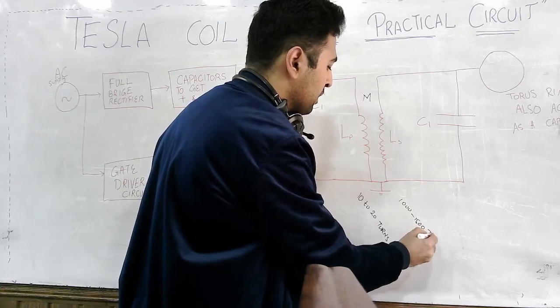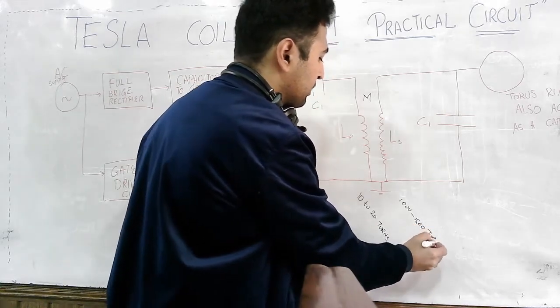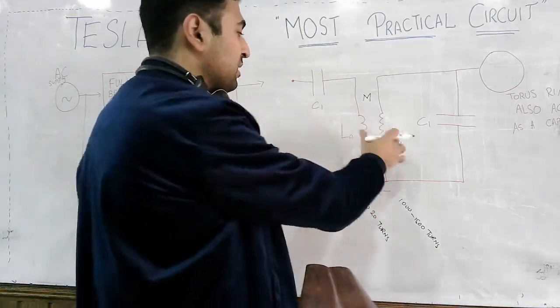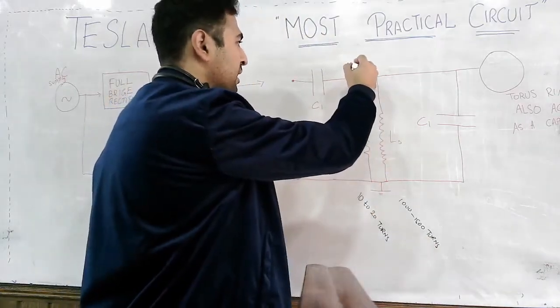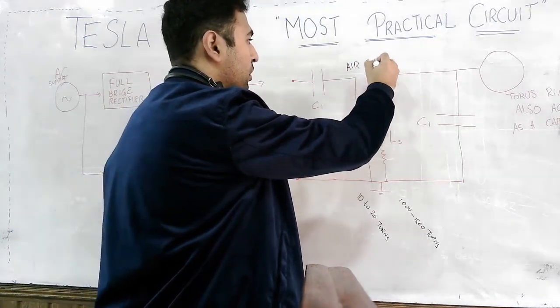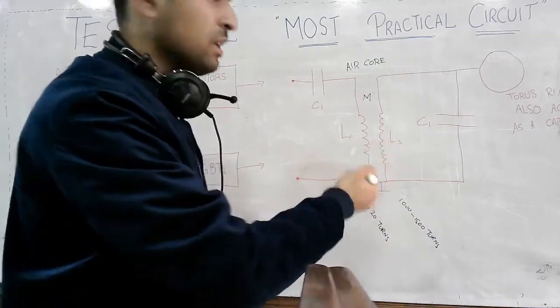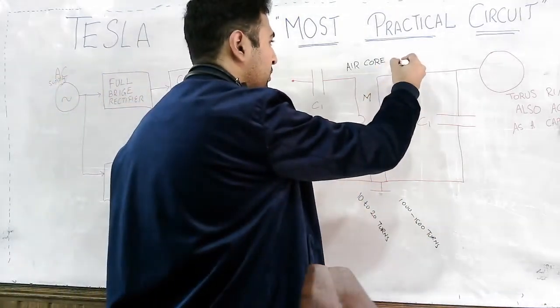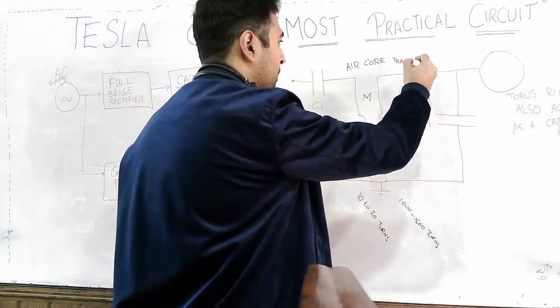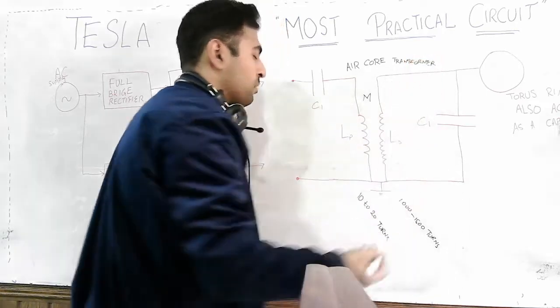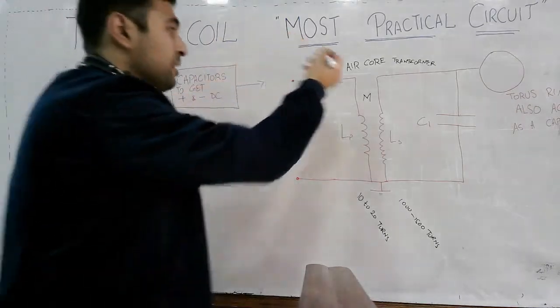1500 turns. And these inductors are oil immersed, and obviously as I told you, they are air core inductors. So since these are air core inductors, we can say that this is an air core transformer. And why is it an air core transformer, why is it not an iron core transformer?